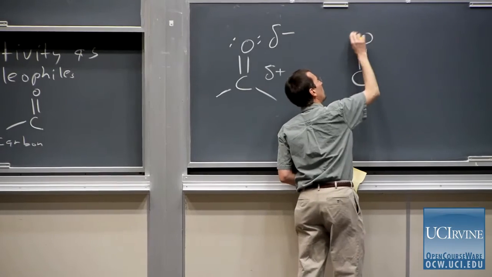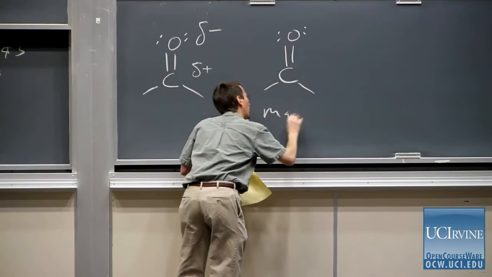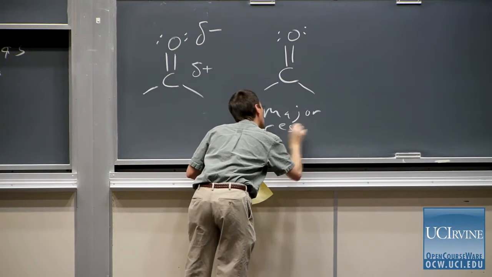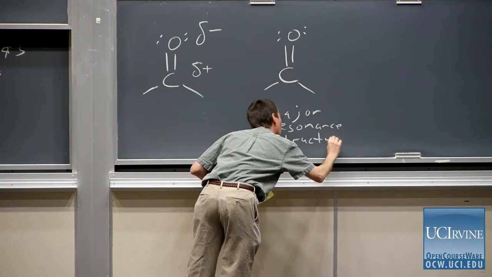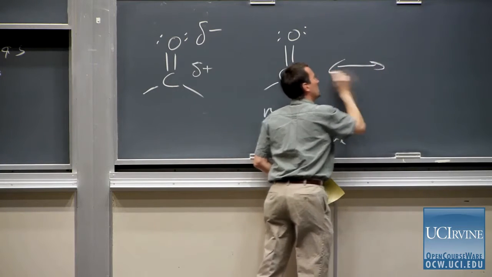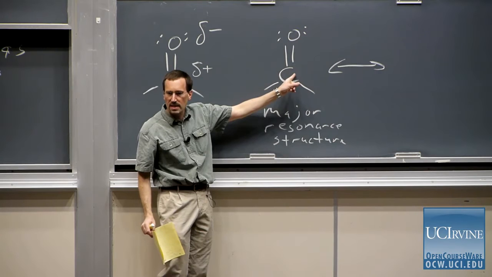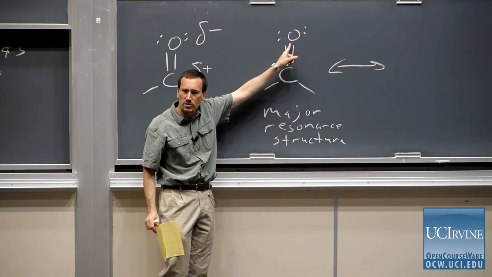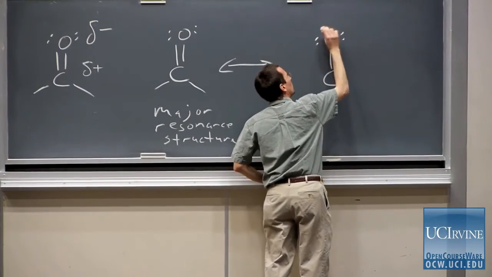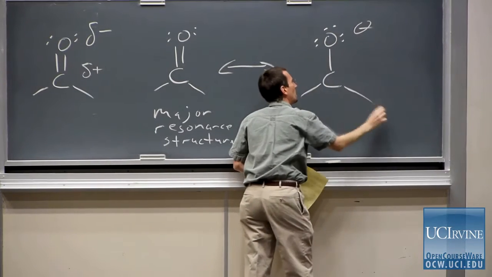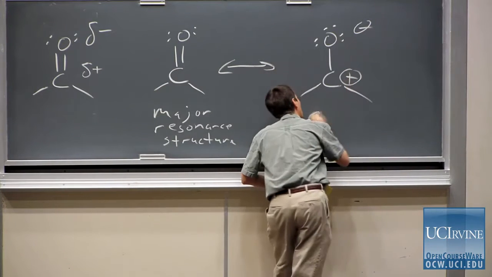And so we can think of the carbonyl group as having a major resonance structure, and also a minor resonance structure in which instead of having a double bond and a complete octet for carbon and a complete octet for oxygen, we can represent the minor resonance structure as having a single bond with a full negative charge on oxygen, and a full positive charge on carbon.